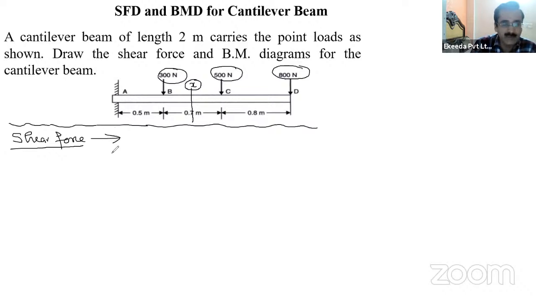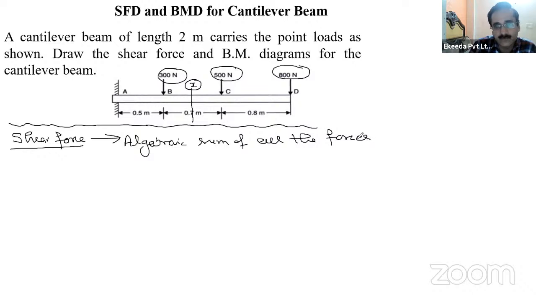So mathematically, shear force is the algebraic sum of all the forces to the left. Either you take the left side of the beam, I have taken this section, X section, or you take the algebraic sum of all the forces to the left or to the right of the section.